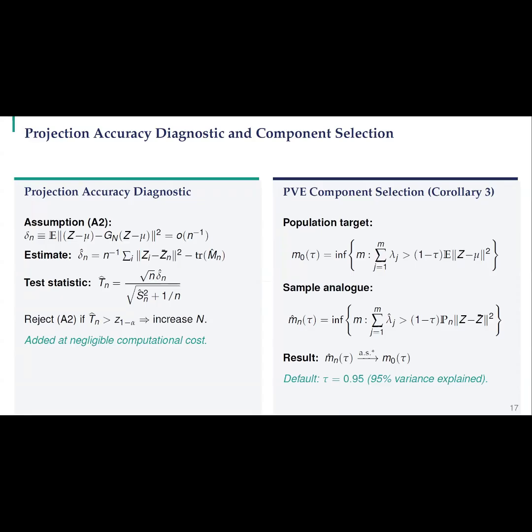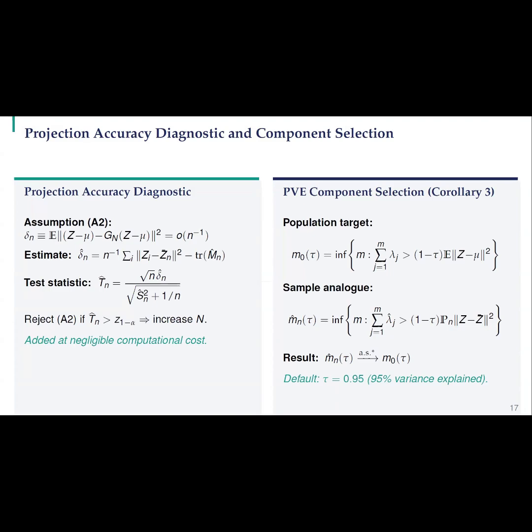Okay, so our population targets, we had to do principal component estimation. We want to get up to 1 minus tau of the total variance of Z explained. We then take our estimated eigenvalue. We take 1 minus tau times this Pn hat I mentioned of the covariance variance.